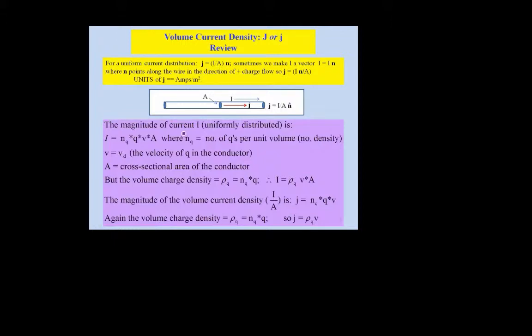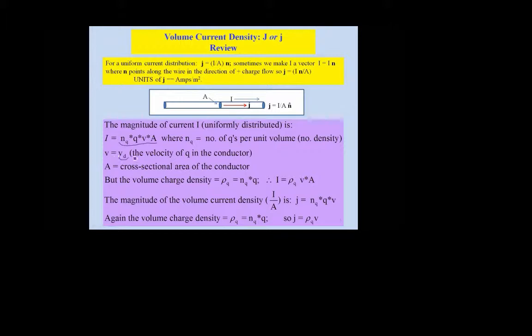The magnitude of the current I, if it's uniformly distributed, we derived last time, is equal to the charge density times the charge of one element times the velocity times the area. And remember, n_q is the number of q's per unit volume, so that's the number density of charge, and v is the velocity of q, and before we took this as the drift velocity.